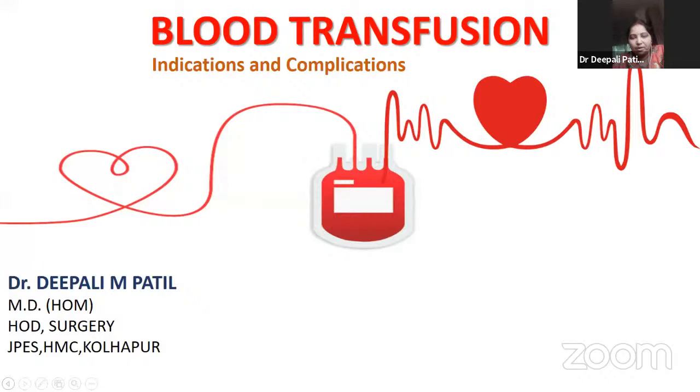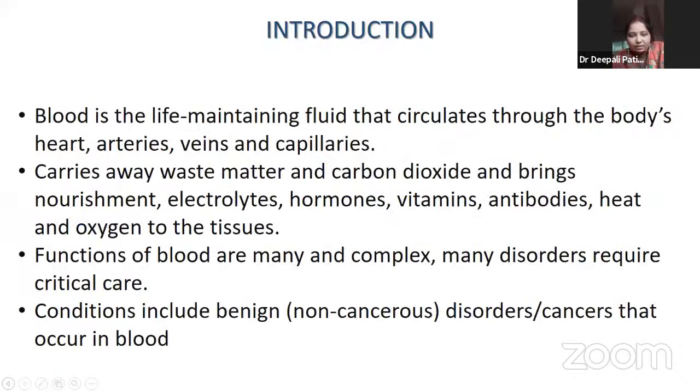Before going to blood transfusion, we will first see the definition, function, and composition of blood. So we will have a quick review on introduction of blood. I will first define what blood is.